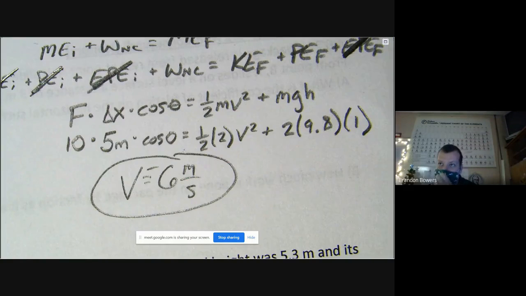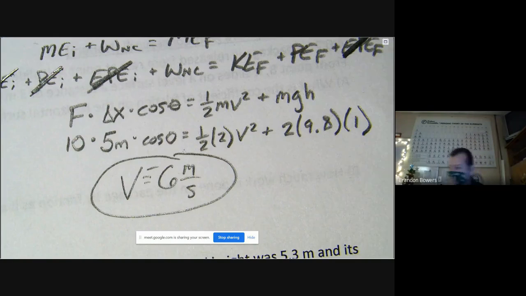I feel like right after the top, any time after the 180 degree angle, coming back down would be positive.